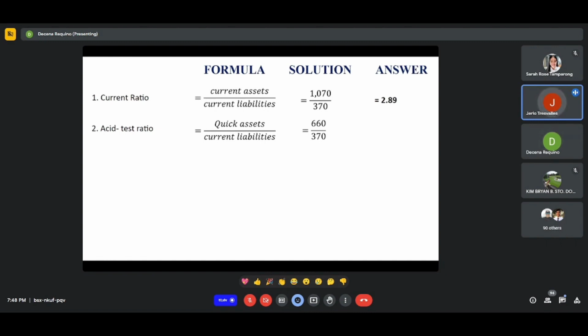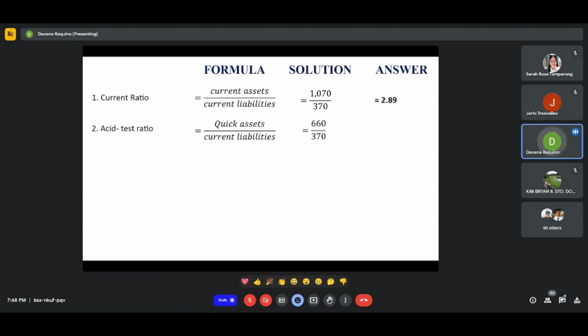Say for example, yung current ratio na yan, anong magiging significance yan sa business? Paano i-interpret po yan? Itong current ratio na to? Opo, para saan po yan? Ano po yung epekto niyan sa users po?